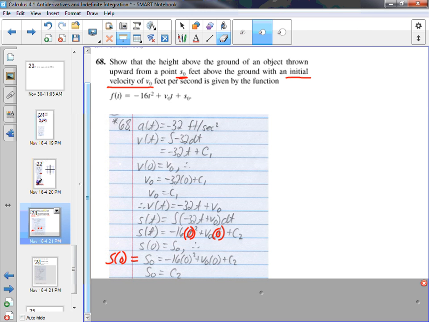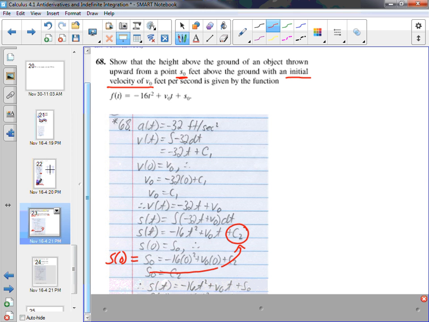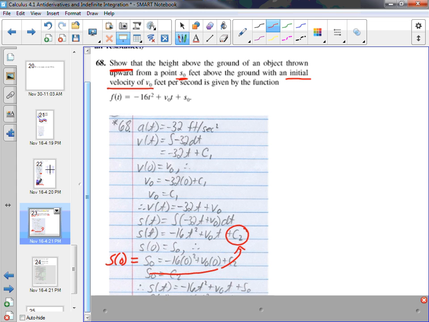So for our particular solution, replace c2 with s0. Now, they said that we were going to show that the height above the ground of an object thrown with those conditions they gave us would give us the height. Is that what we came up with? Yeah, the only thing is we called it s, because we had always called position s. For this problem, what do we need to call it? f.